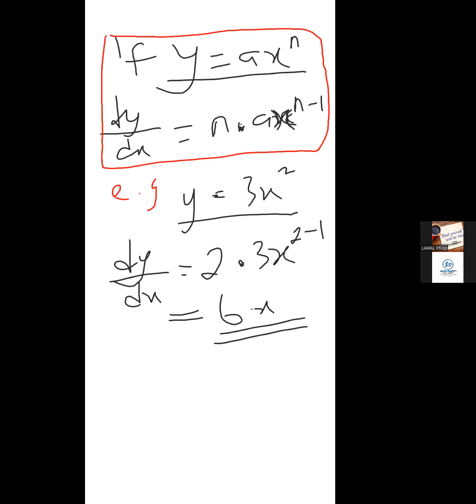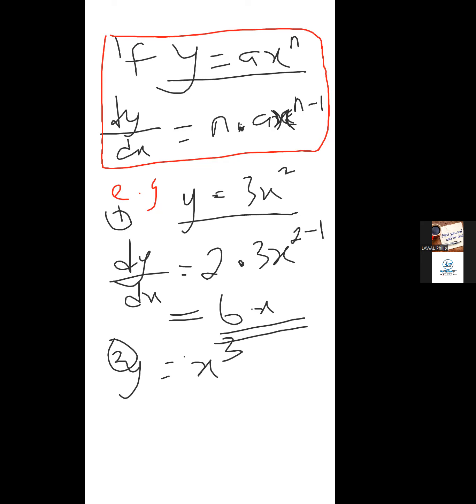What if I have y is equal to x raised to power 3? This is number 2. Here, my y is standing alone, but my a is like nothing is existing. But don't forget that here 3 is the power of x.